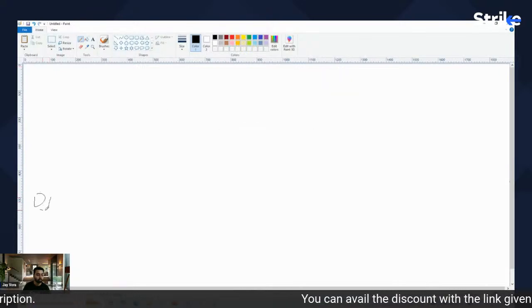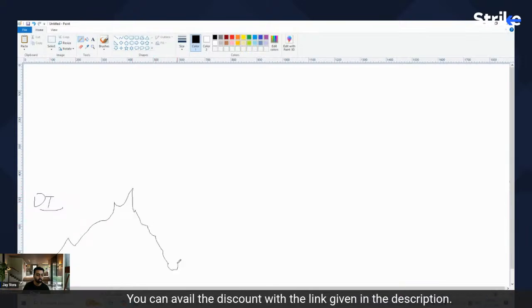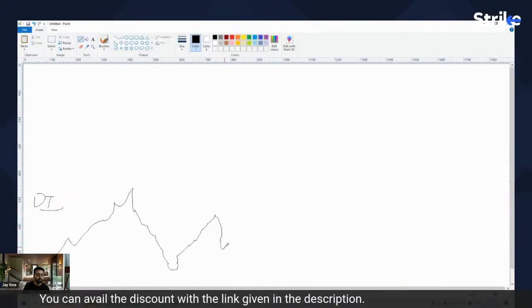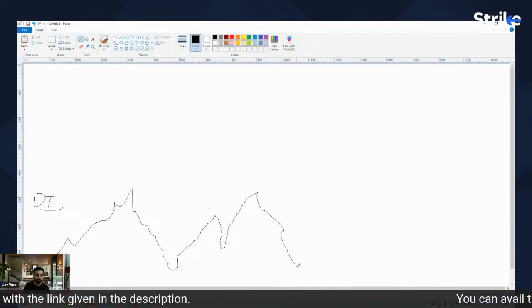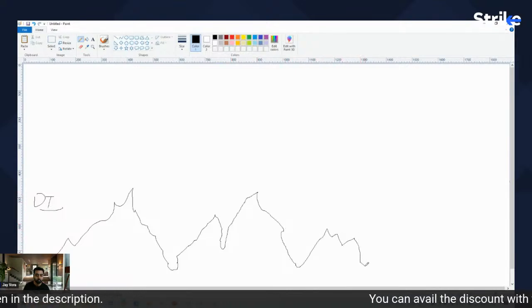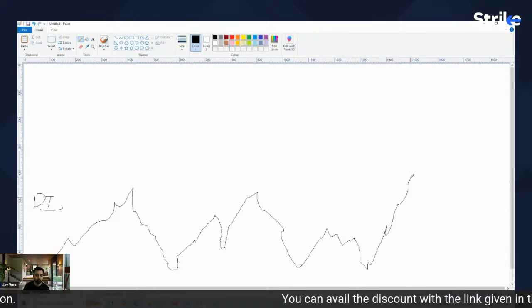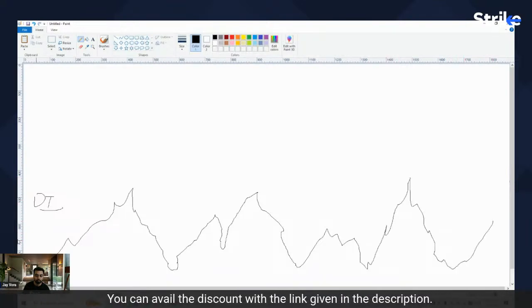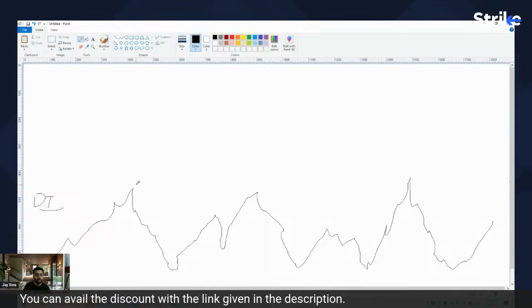Okay, this is open interest, for example. So if this is the historical trend of open interest, either open interest is very high compared to its past.